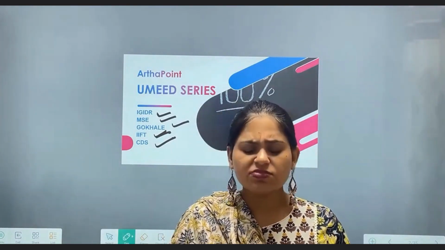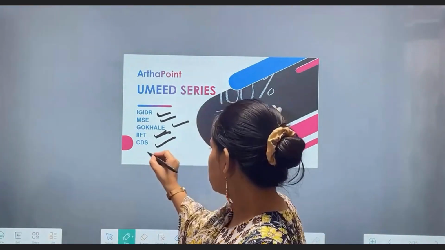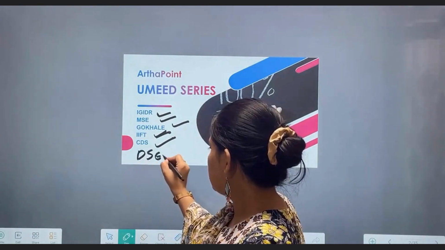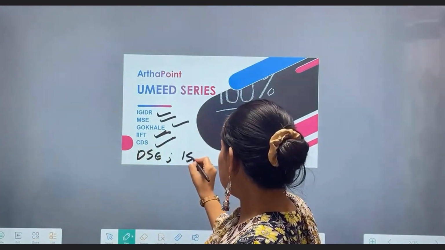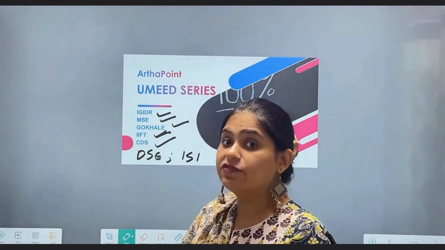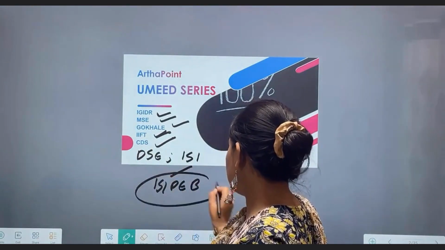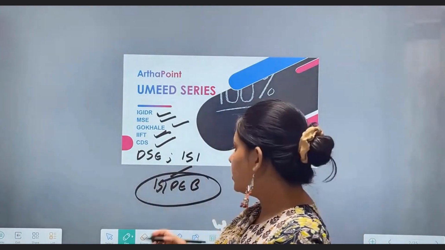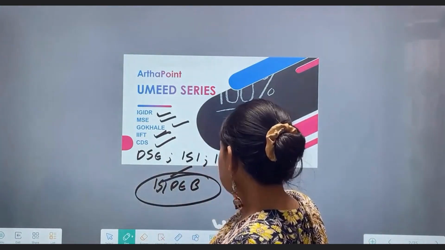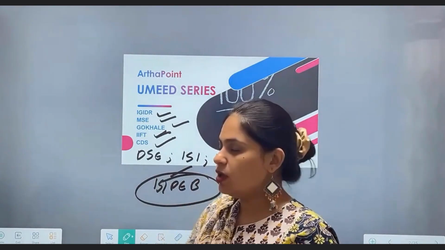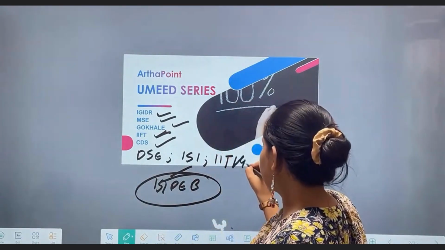Earlier, well before DSC came into CUET, I used to divide this entire thing into 4 parts. BSc, one separate zone, one separate kind of paper. ISI, very different. And within ISI, PEB, super difficult and different. The next one is IIT, which has just recently come in, and here I also have GATE.